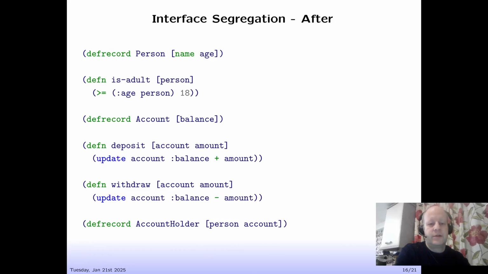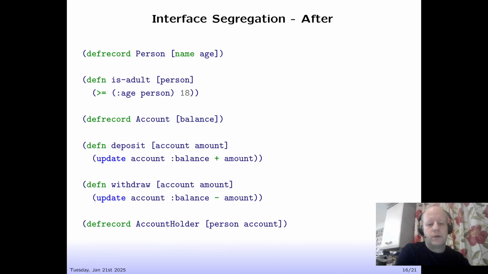It's not necessary to know the balance of an account if you want to check whether a person is an adult or not. And the account is separate from the person, so we can deposit and withdraw as before.